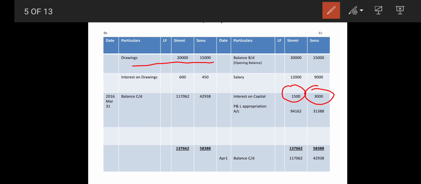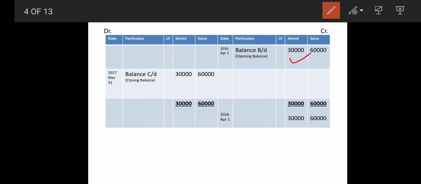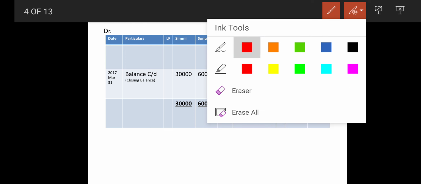Here we have to consider the opening capital. So opening capital 30,000 at 5% gives you 1,500 as interest on capital, but it is to be transferred to the current account. In the same way 60,000 at 5% gives 3,000, which is also to be transferred to the current account. So both interest on capital amounts are transferred to the current account.